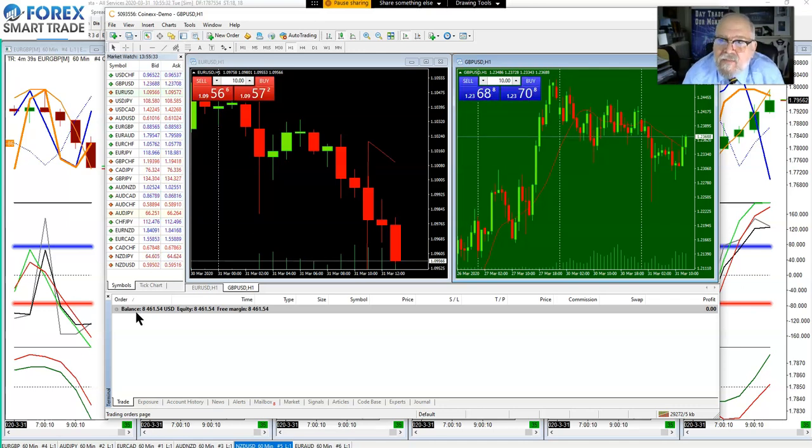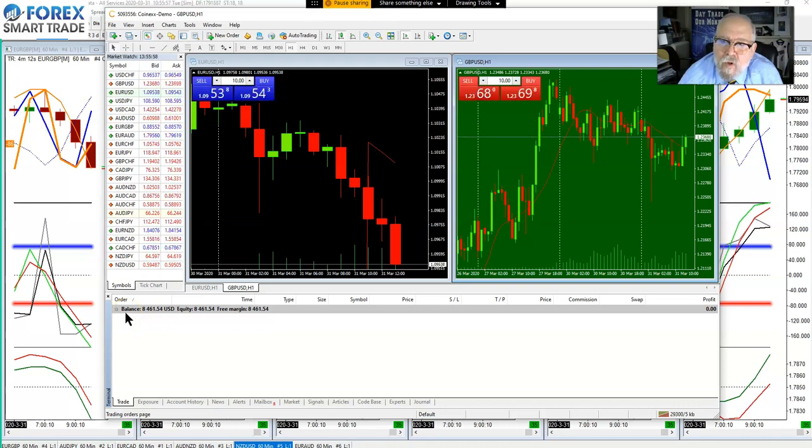On a lot size of 0.8, I want to keep my margin above 1,000%, so I could have 2 open trades. Since we are going to be taking 4 trades, I'm going to reduce that margin. I'm going to reduce my lot size to 0.4. So that means each pip is going to be worth $4.